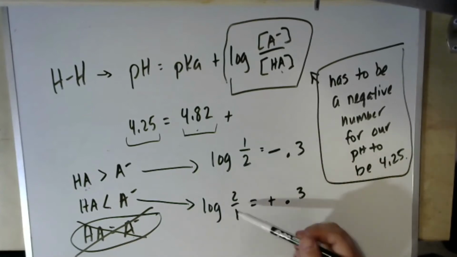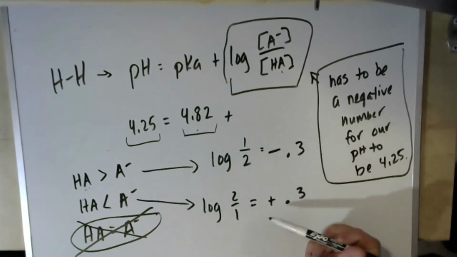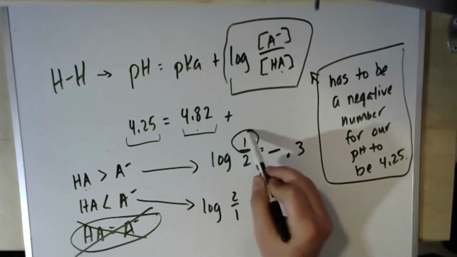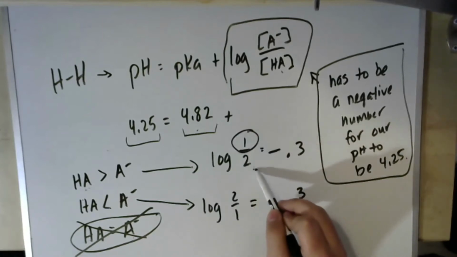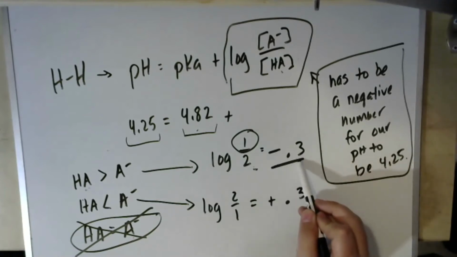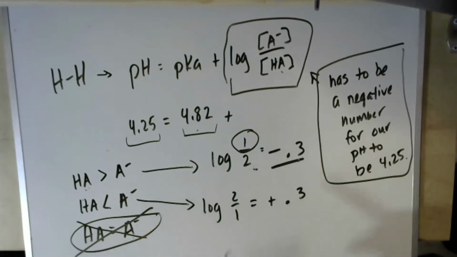It doesn't matter what numbers you plug in here. Any numbers that you choose, as long as your base value is smaller than your acid value, this expression is going to be a negative one. When your base value is larger than your acid value, then this value is going to be a positive one.